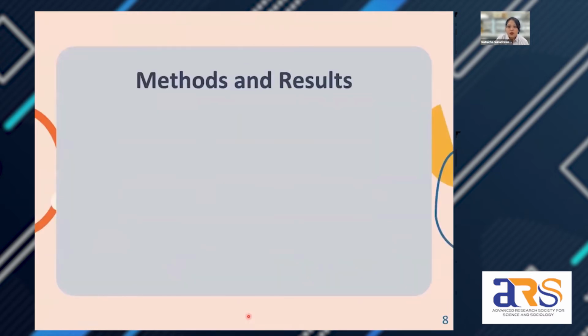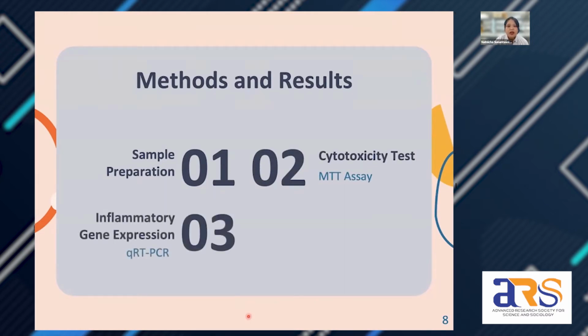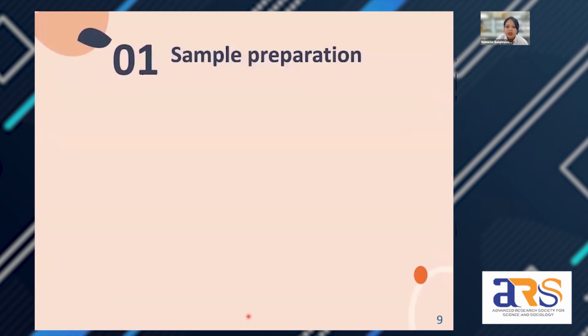For the method and results, I would like to start with the sample preparation, then the cytotoxicity test using MTT assay, then inflammatory gene expression using qRT-PCR, and at the end, nitrite analysis using the Griess reaction.